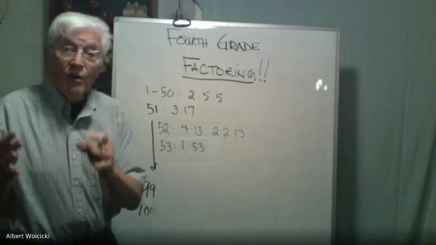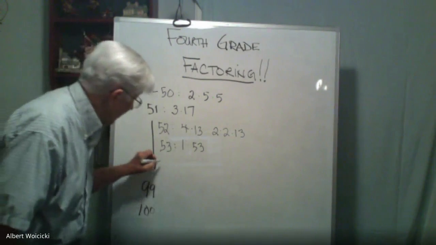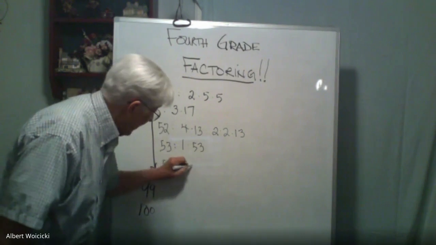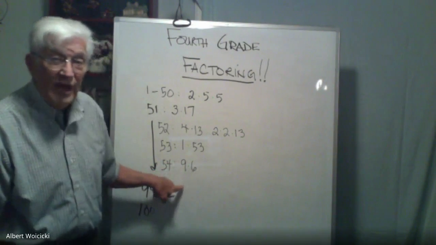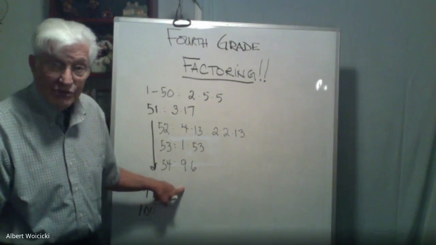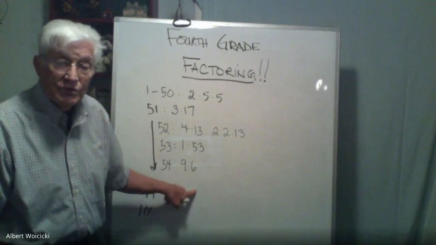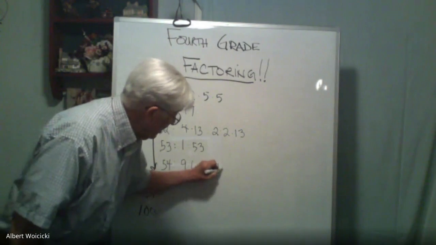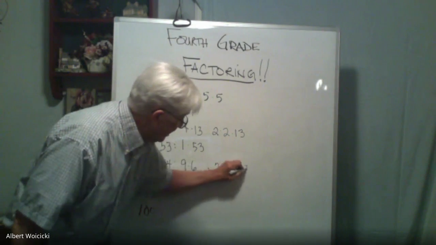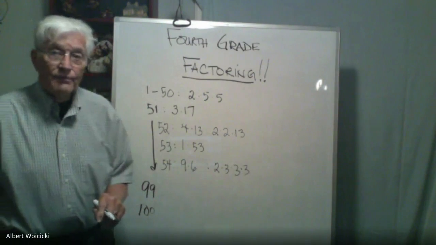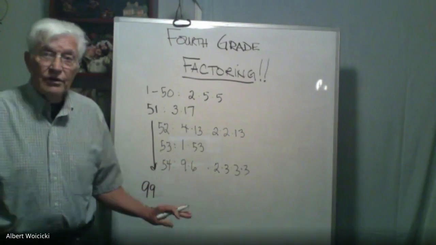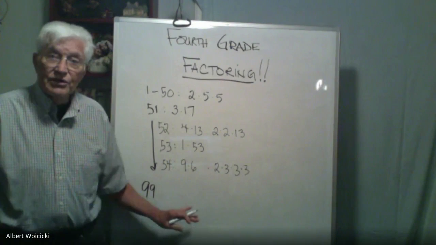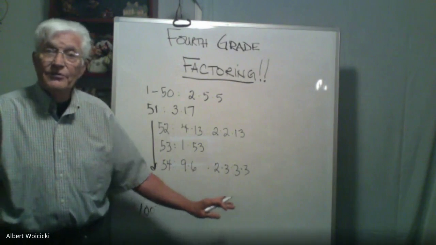And then 54, a nice number. They'll know that's 9 times 6. So what do we have here? We have 3 times 3, and we have 2 times 3. Well, really, so that is 2 times 3 times 3 times 3. Now, that's the beginning of this. And they need to get all the way down to 100, which is 2 times 2 times 5 times 5.